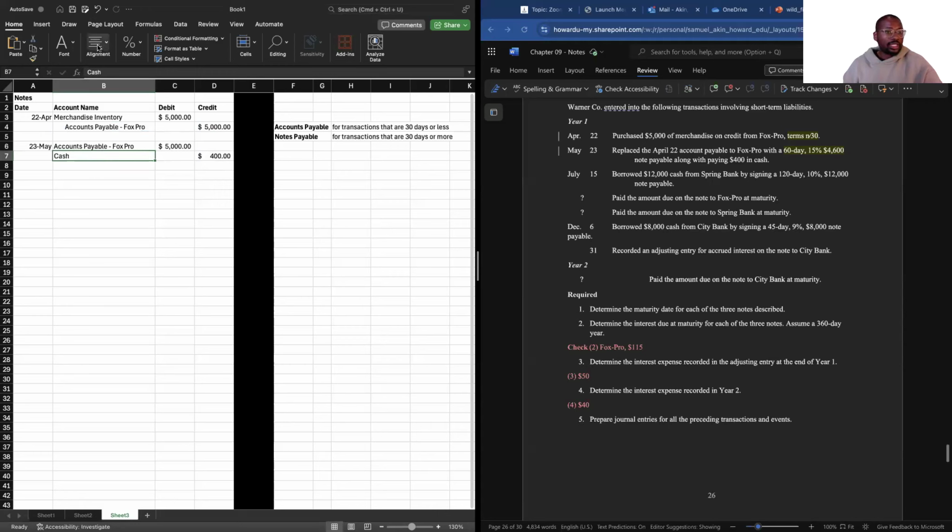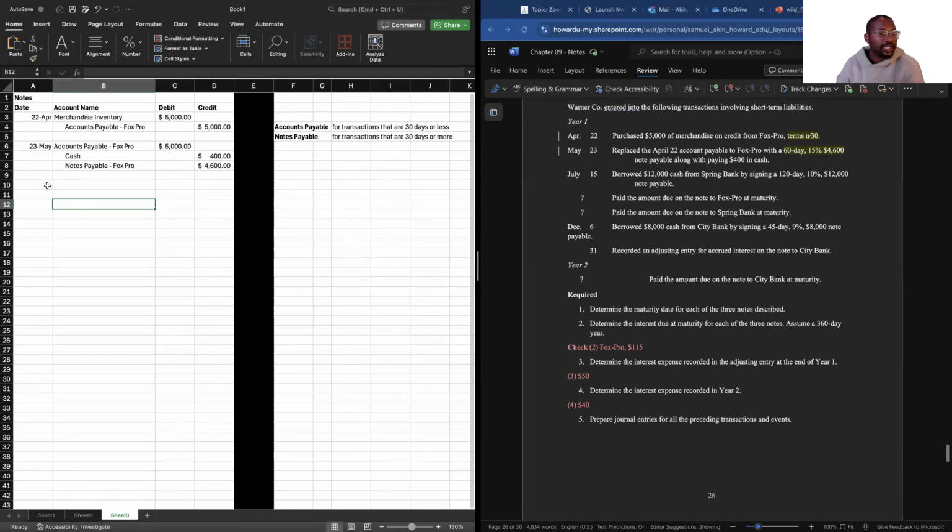So we're going to credit cash. And can we sign a short-term notes payable agreement for the difference, which is 4,600? So that would be the journal entry from May 23.